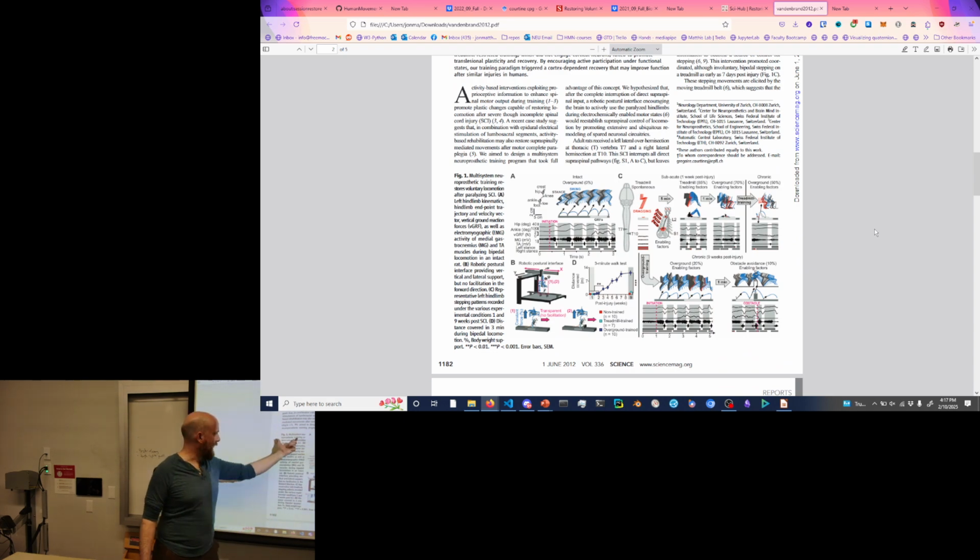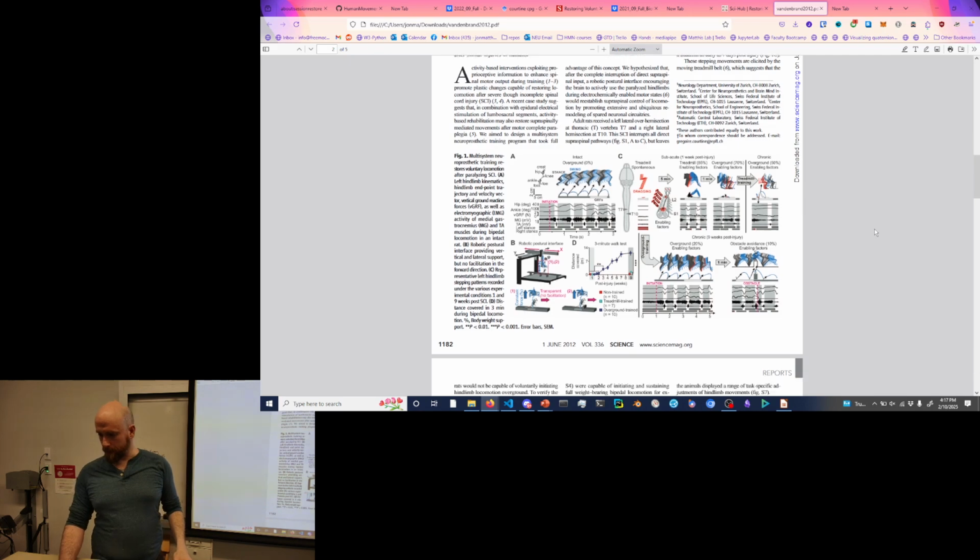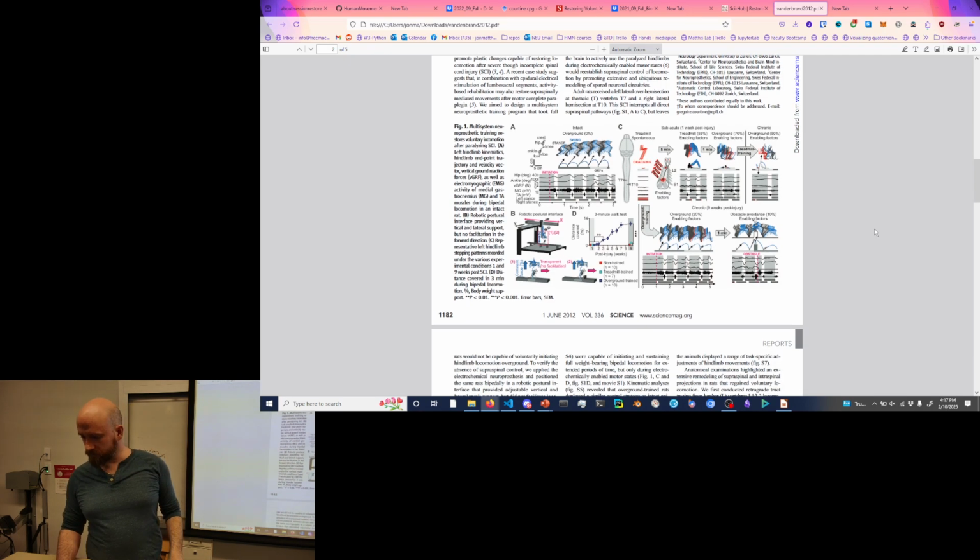The figure will always have a caption. The caption will always have a one-sentence summary of what we're looking at here, and then each lettered subsection will have a little write-up of what's going on in that section.